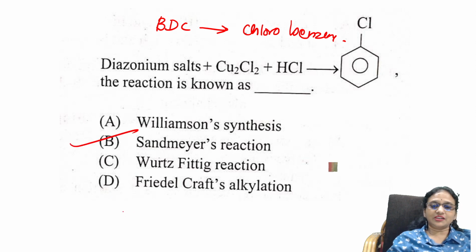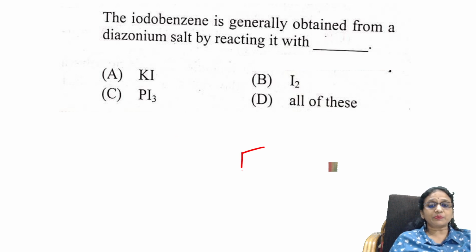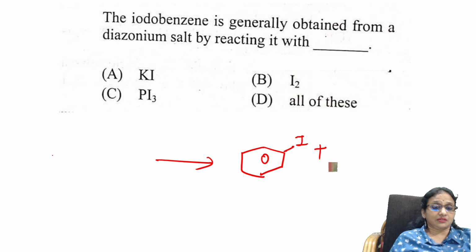Okay, sure. Next question. Iodobenzene is generally obtained from diazonium salts by reacting with what? So they want me to prepare iodobenzene. It is prepared by taking benzene diazonium chloride, like this N2Cl.